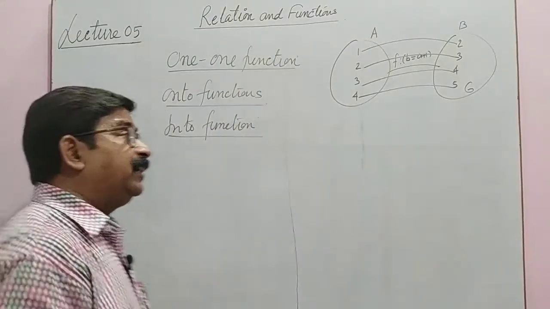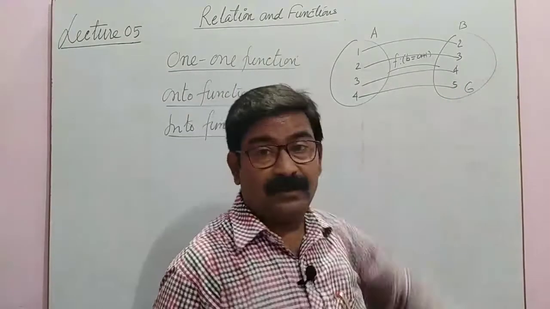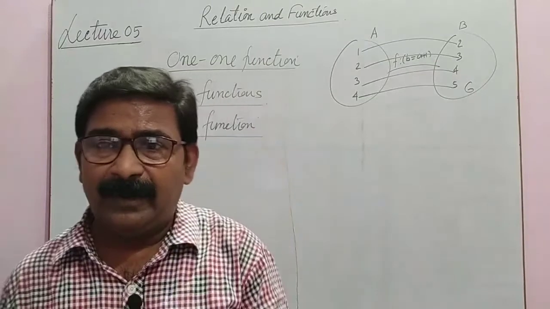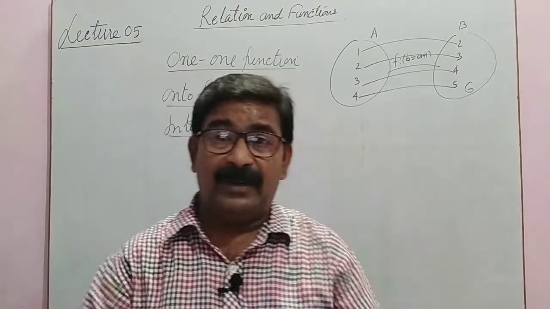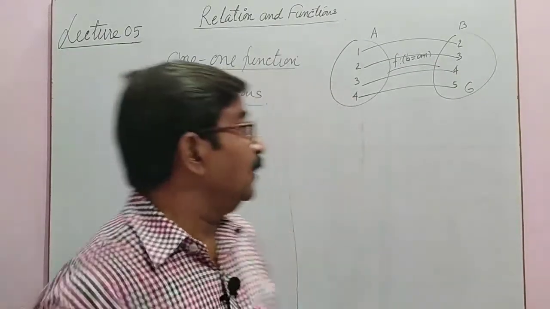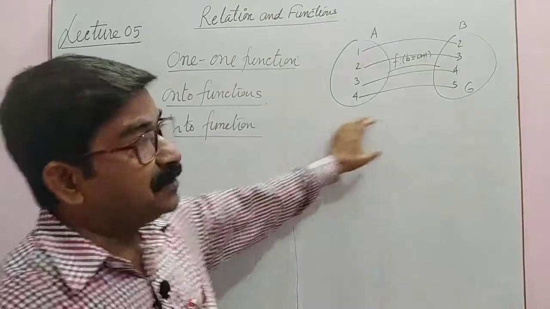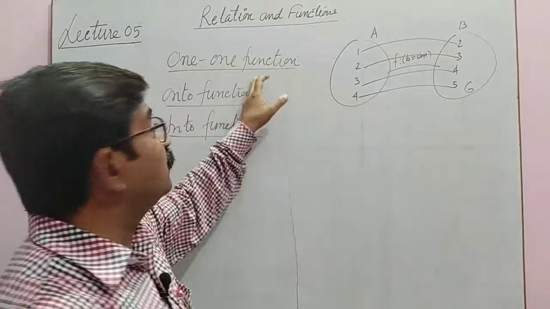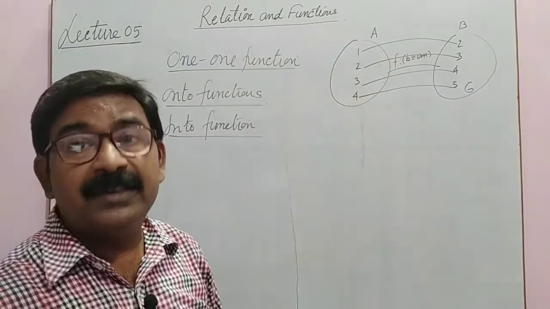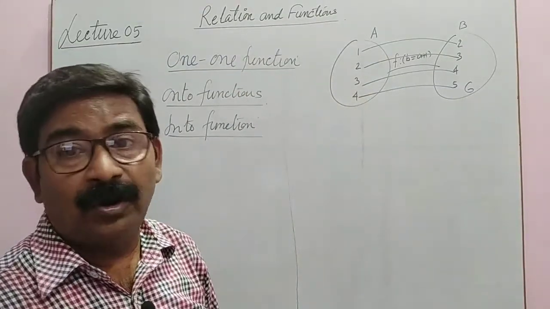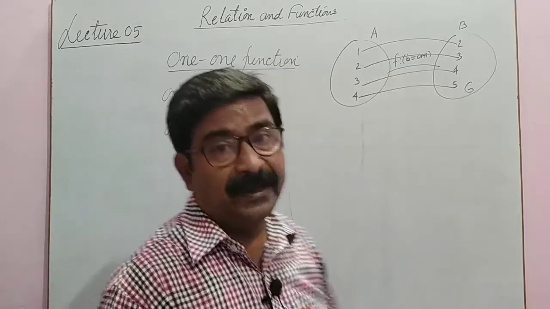If an element is left in this set, one element, two elements or more, it doesn't matter, in that case we say the function is an into function, meaning this is one-one into. It is not bijective. This is one-one into.